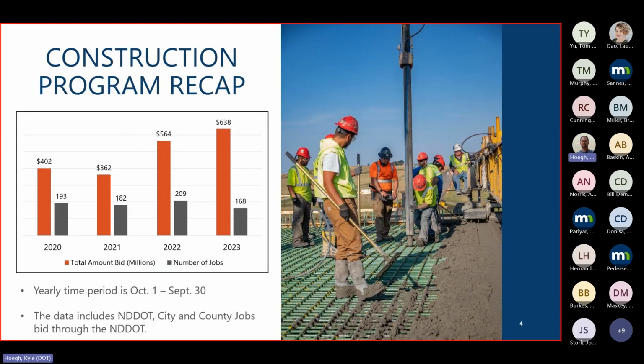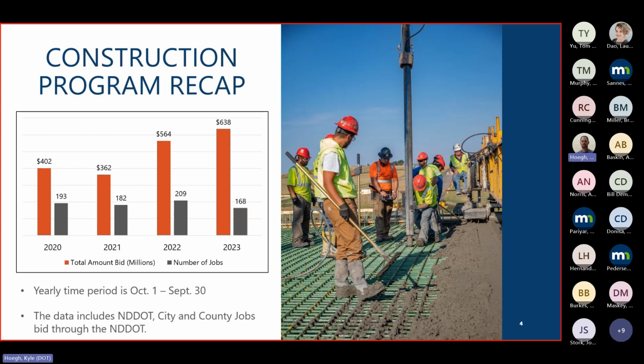These next couple slides, the statistics are courtesy of our construction division. It tells the story of inflation. Way over on the right, the orange bars are our construction funding levels every year, and the gray bars are how many projects we are bidding with our funds. Back in 2020, we had about a $400 million program and bid 193 projects.